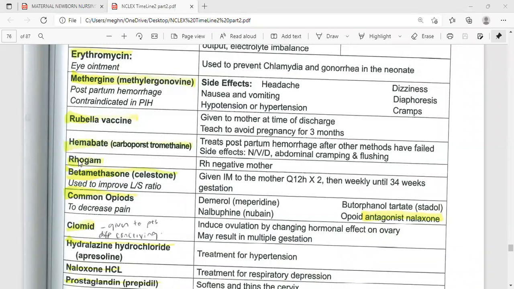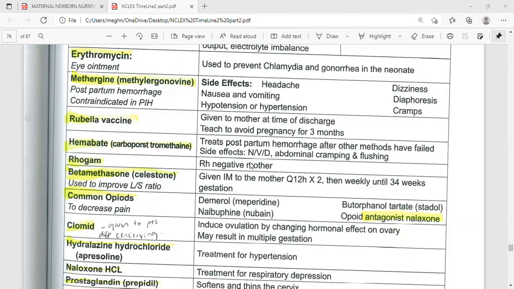And that shot contains antibodies. Right? Antibodies that stop the immune system from reacting to the baby's Rh blood cells. Let me explain a little bit more. RhoGAM is indicated for an Rh negative mother.